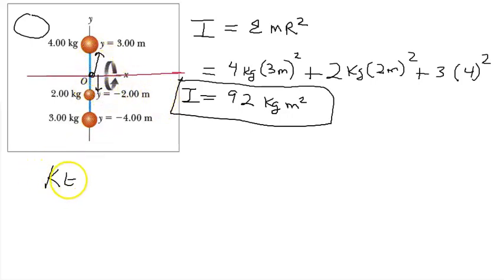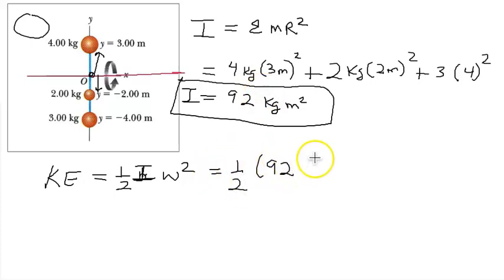Question A also asks to find the energy it would take to make those things rotate, because they're moving, so that takes energy. So instead of doing 1/2 mv squared, you're going to do 1/2 I omega squared. So I is 92, and omega they gave you, if you go back and look at the question, was 2 radians per second. That's another reason why radians need to be dimensionless. We need to be working in radians and not degrees, so that's going to appear and disappear when we do problems, because it's just a ratio.